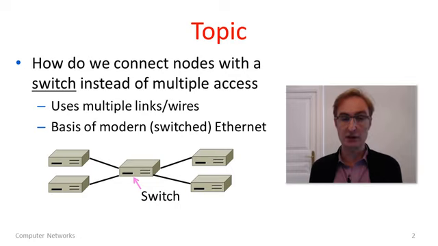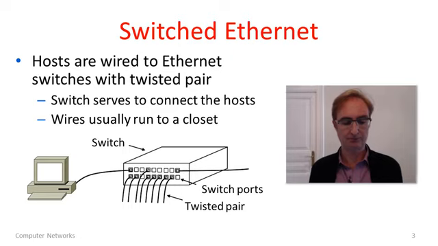You can see in this figure at the bottom here, I have 4 different boxes which are all wired to one switch. The switch will provide connectivity between all of these different devices. This architecture is the basis of switched Ethernet or modern Ethernet, and it's used ubiquitously to tie together computer equipment in all manner of buildings.